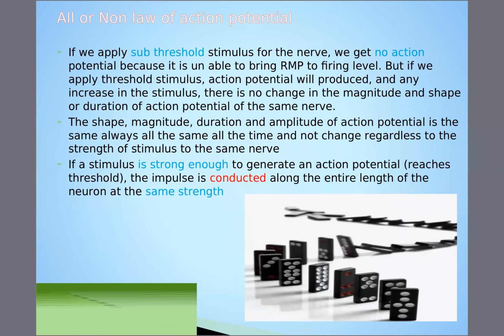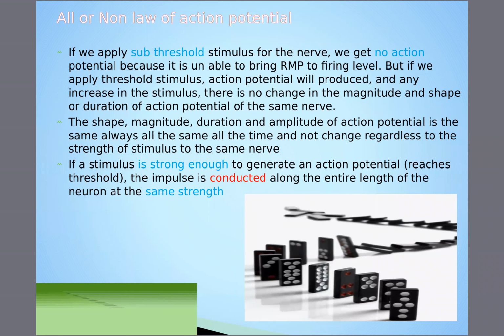Here we arrive at the all-or-none law of the action potential. We will focus on this. If we apply a sub-threshold stimulus to the nerve, we get no action potential because it is unable to bring the resting membrane to the firing level. But if we apply a threshold stimulus, an action potential will be produced, and any increase in the stimulus produces no change in the magnitude, shape, or duration of the action potential of the same nerve.